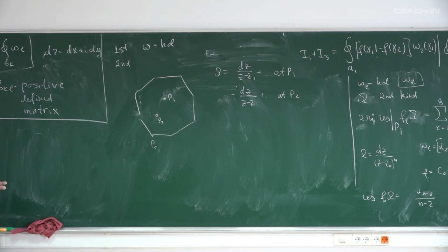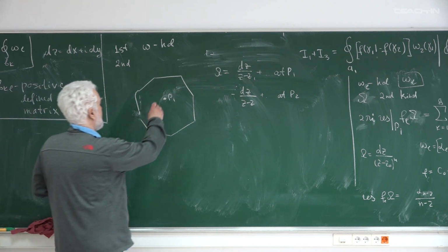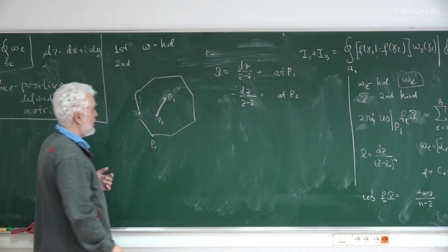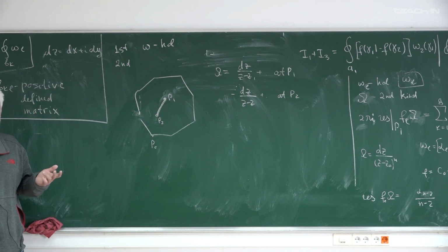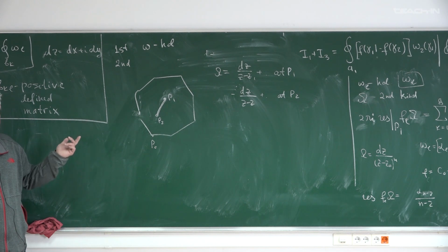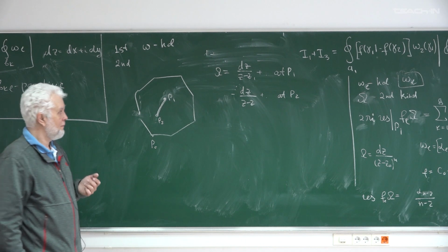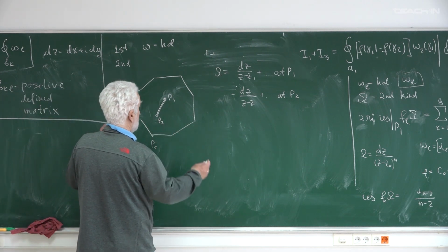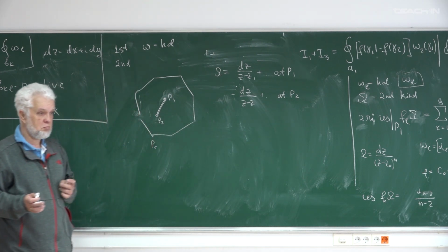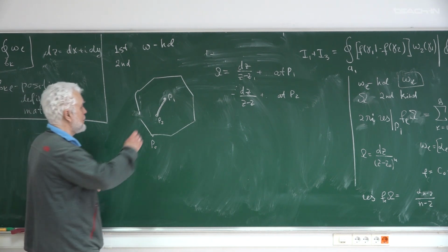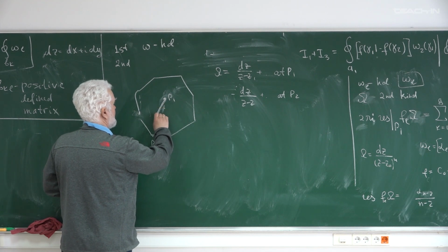Therefore, now to obtain a single-valued primitive, we have to draw a cut from the point P2 to the point P1. And now we have to integrate, if you deform the contour integral, we see that we have an integral over this path, you agree.